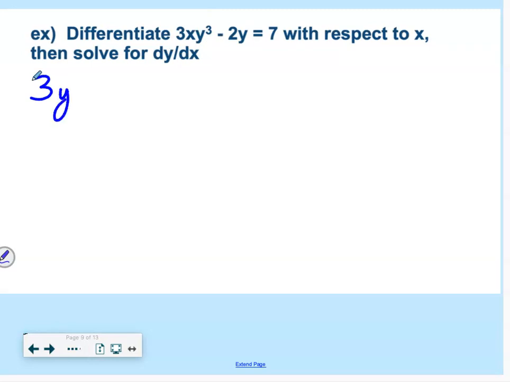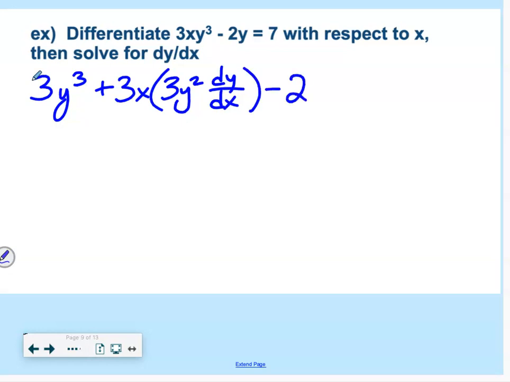Times y cubed. Do I have to multiply by a differential when I differentiate 3x? No. So then plus 3x times, what's the derivative of y cubed? 3y squared. Now dy/dx. Okay. Minus 2 times dy/dx equals 0.